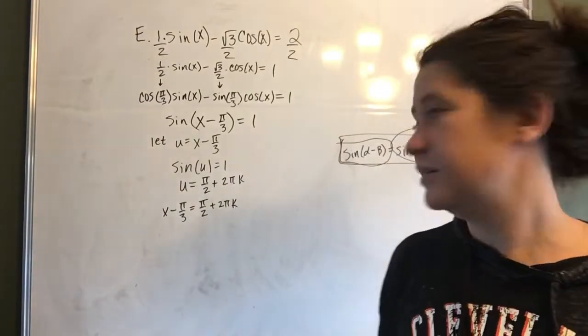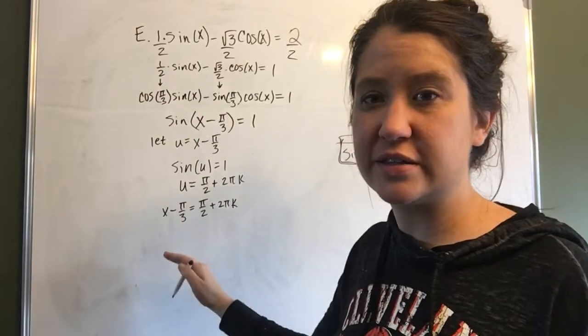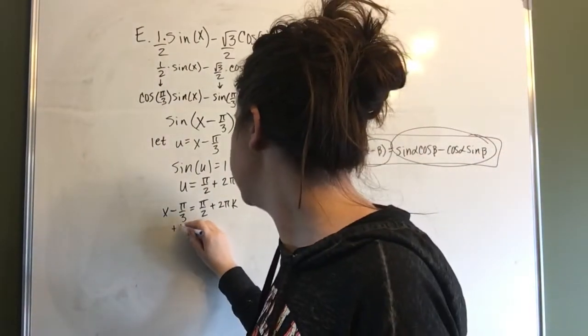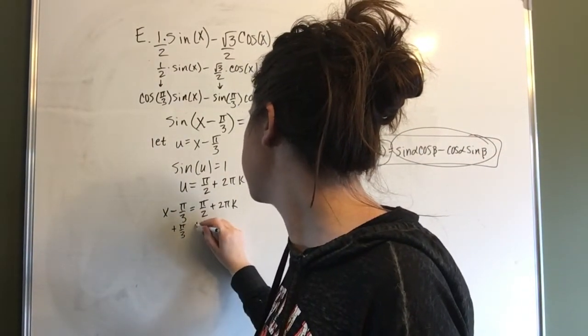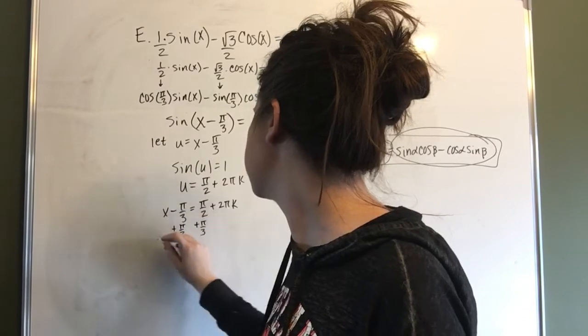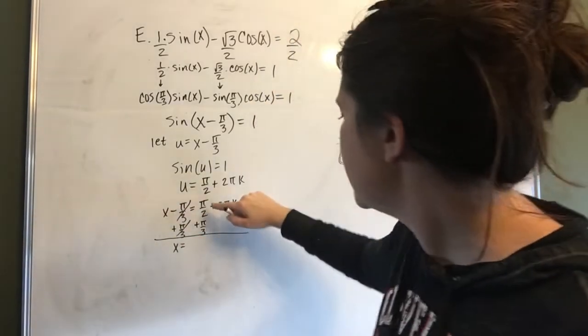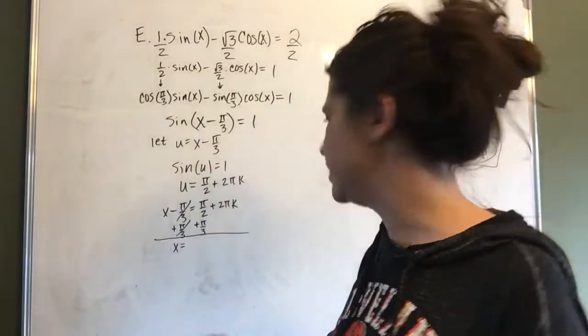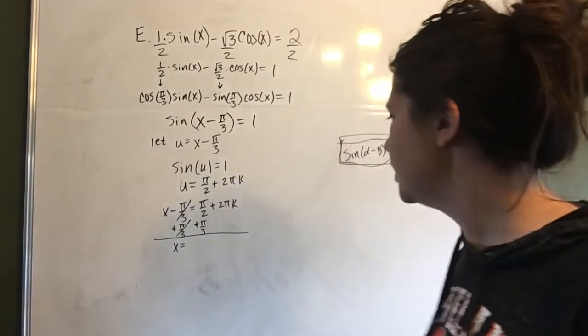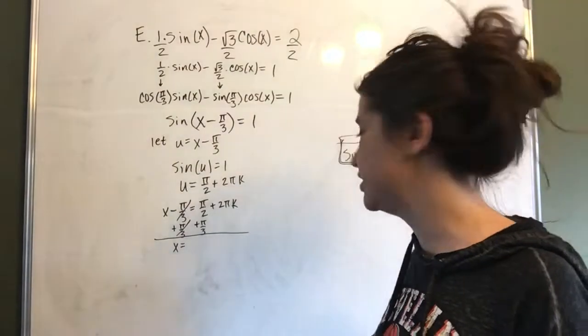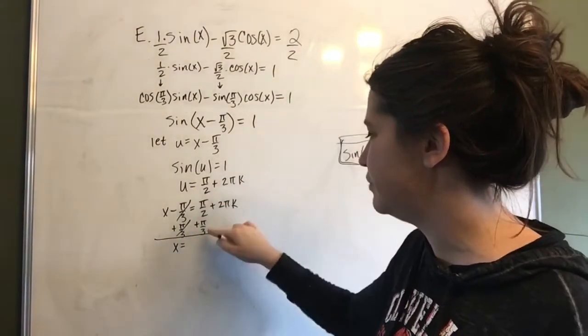Okay? And we're going to solve for x. So I want to add pi over 3 to both sides. So we get x is equal to, what's pi over 2 plus pi over 3? You want to think common denominators if you're going to do it in your head. We'd have to get them both to have a denominator of 6.